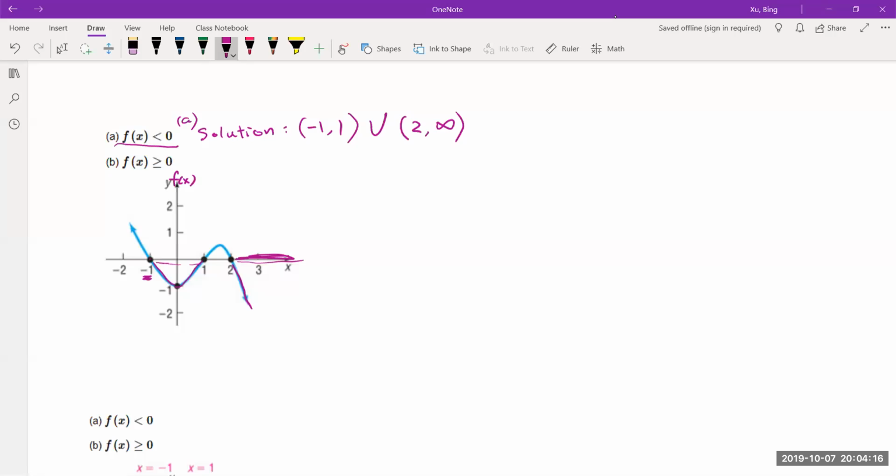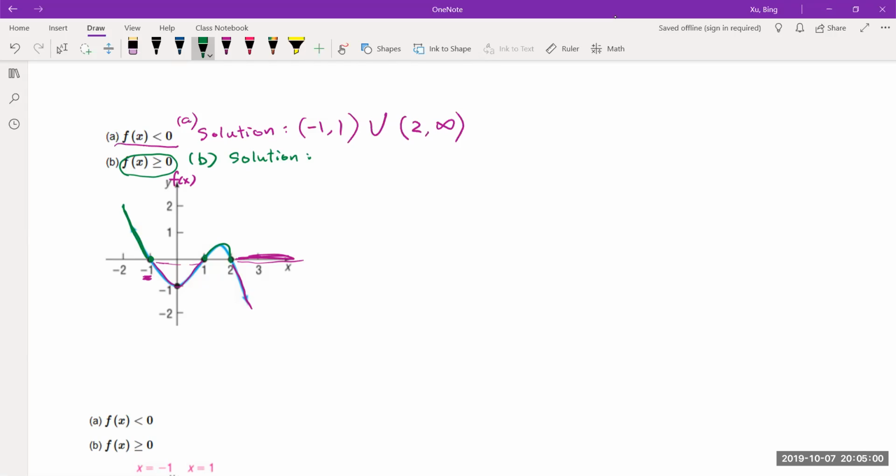Questions on this part? All right, so on your own, try to find the solution for this inequality: f of x is greater than or equal to 0. It shouldn't be very bad. If you see the graph, this part and this part is when f of x is greater than or equal to 0.